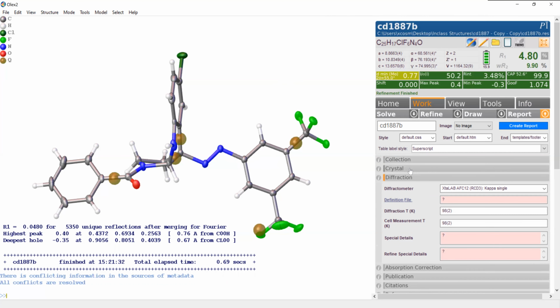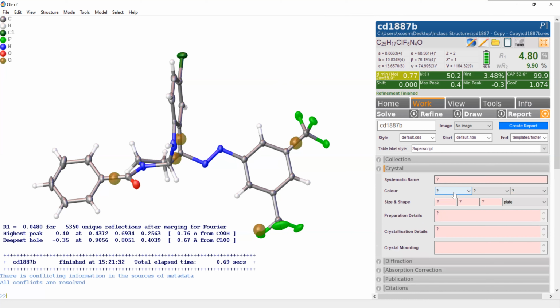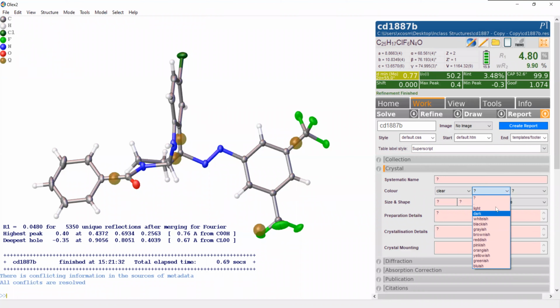For the crystal, I believe if I go to the, one second, clear, dark, yellow, 0.2, 0.1, 0.05.